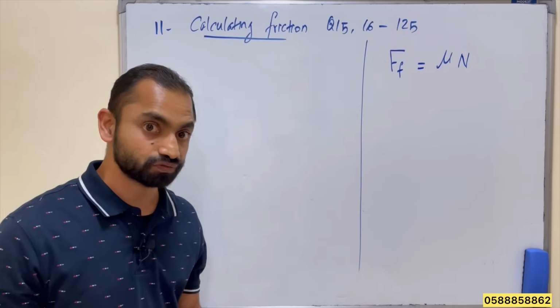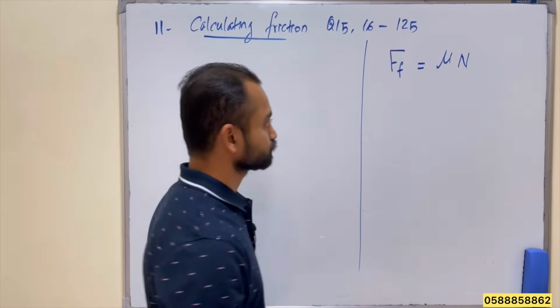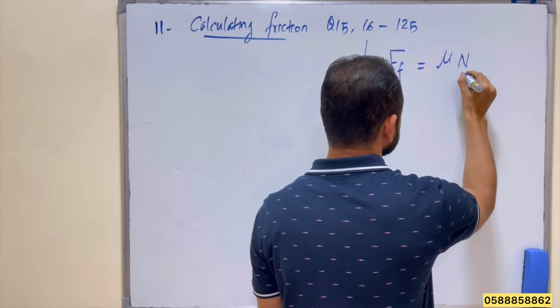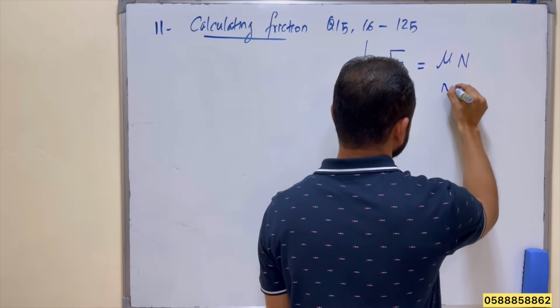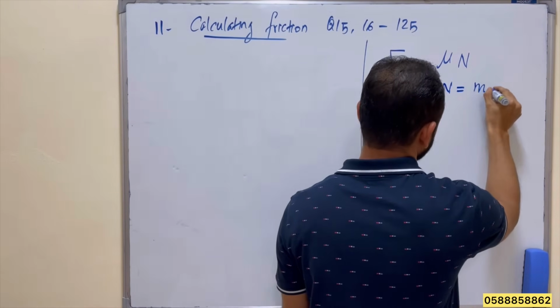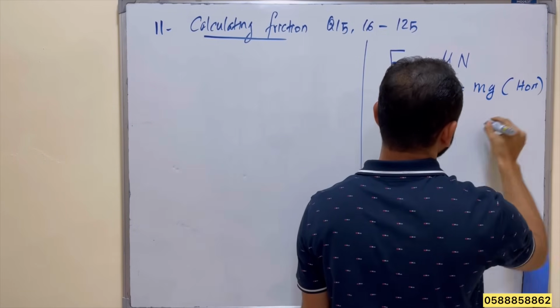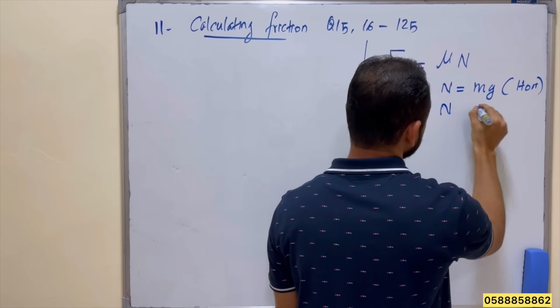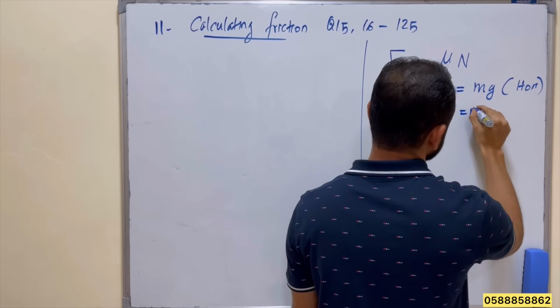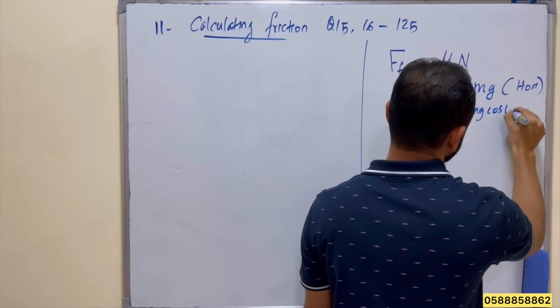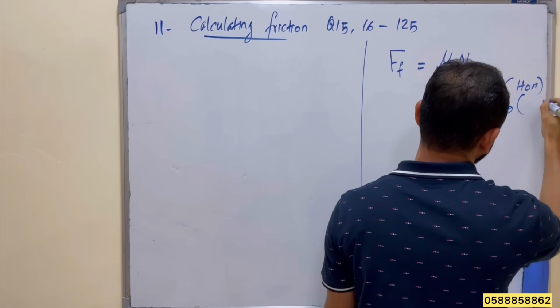So to calculate friction, we have to know the normal force. If the surface is a horizontal surface, normal force is equal to mg. If the surface is an inclined surface, normal force is equal to mg cos theta, where theta is the angle of inclination.